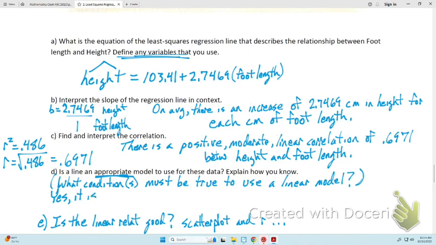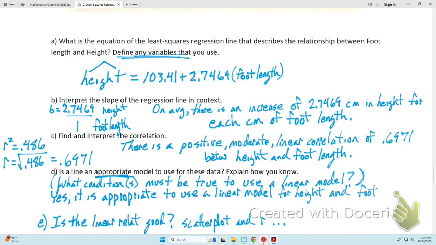It is appropriate to use a linear model for height and foot length because there is not a pattern in the residual plot.